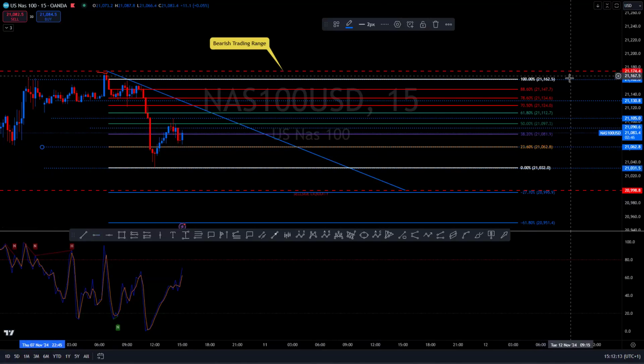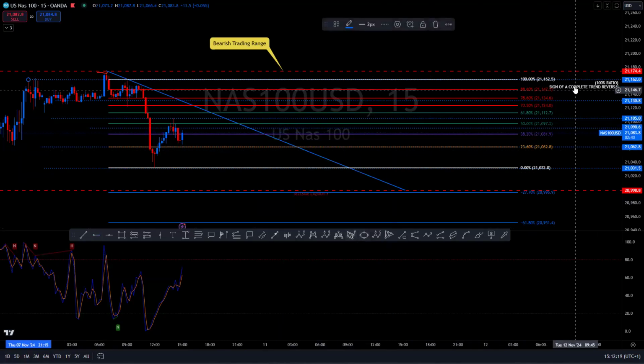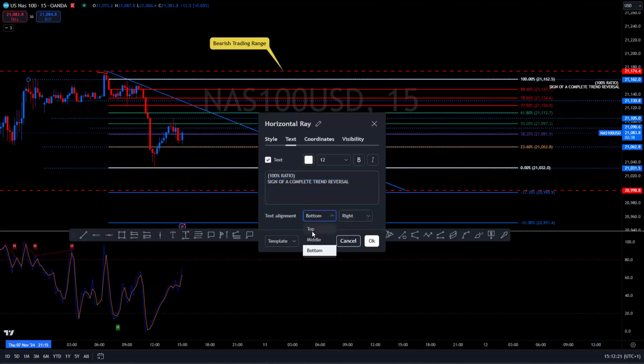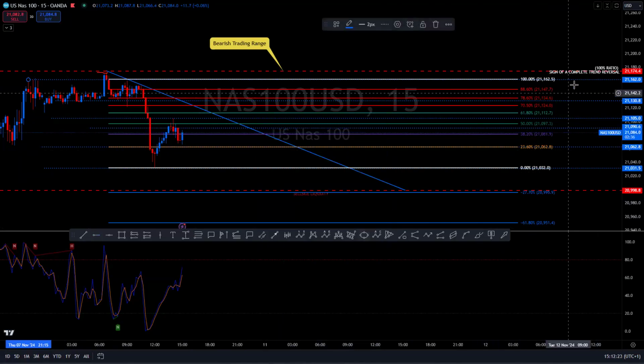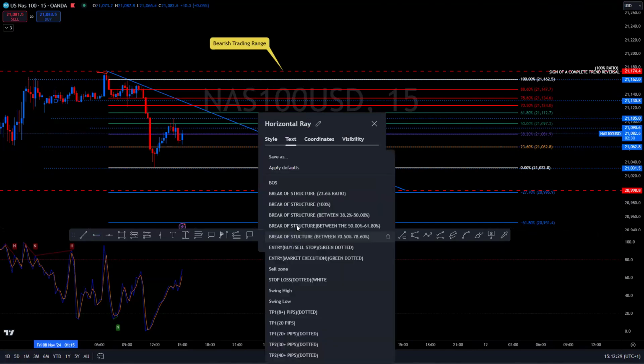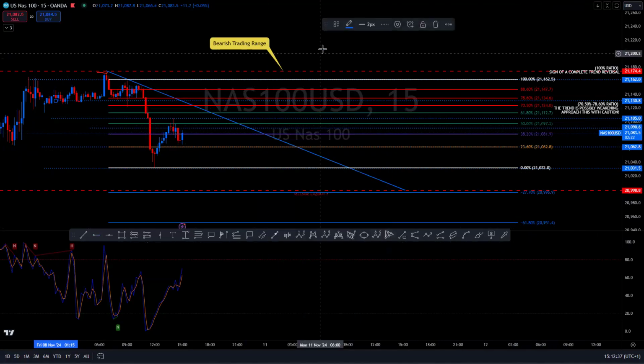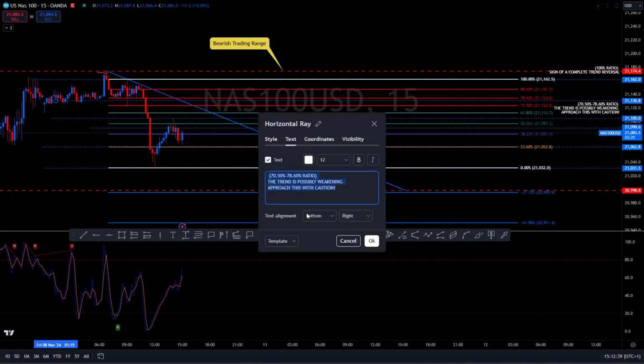So we're going to label this. Probably going to put this at the top. Then we're going to make this 3180 and push this to the top.